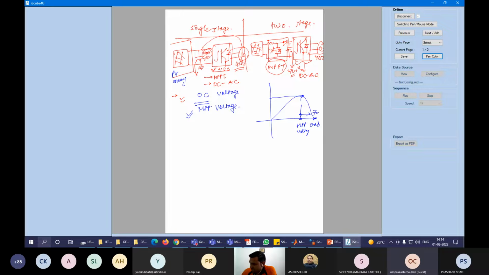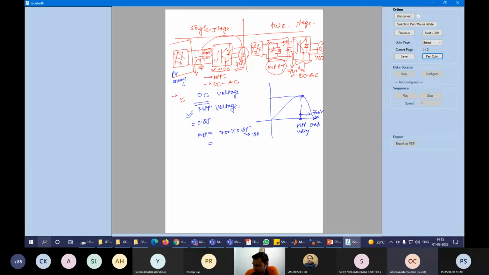So suppose you have selected a 700 volt open circuit. Then the fill factor will come into the picture. Suppose the fill factor we have taken is 85%. So what would be the MPP voltage? MPP voltage will be 700 multiplied by 0.85. So how much will you get? People take 80% or 85%.